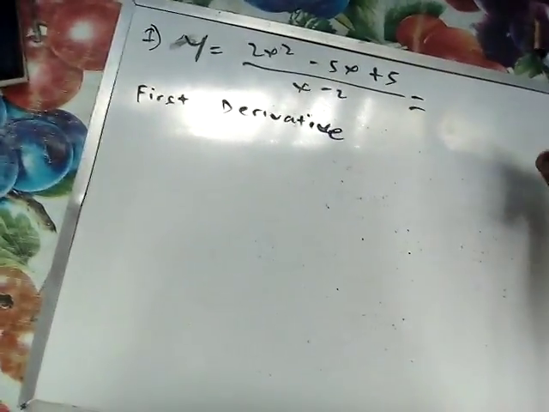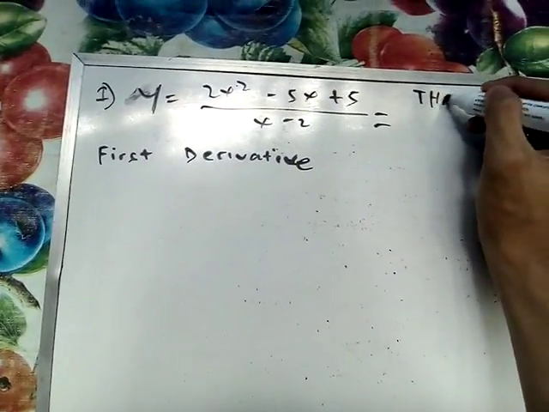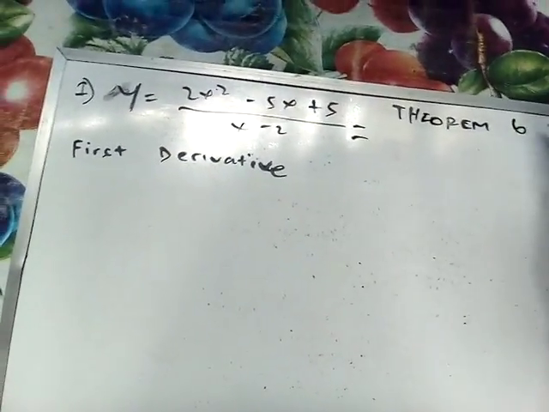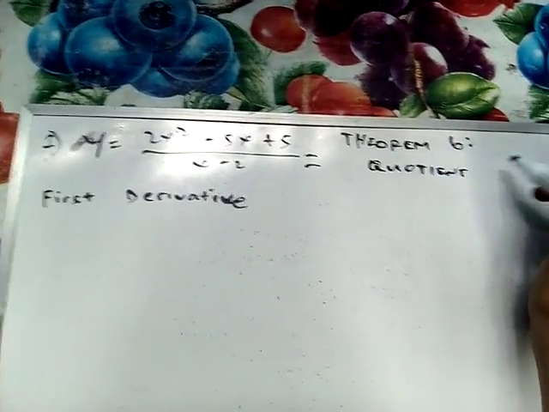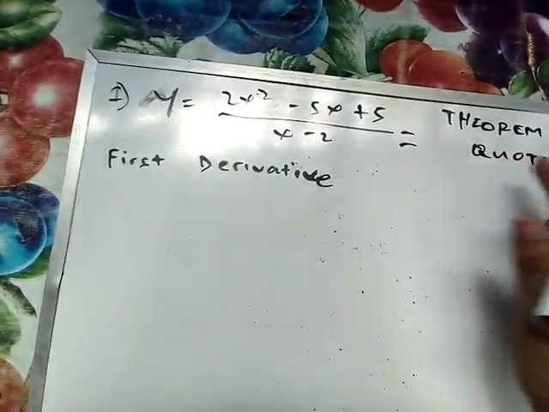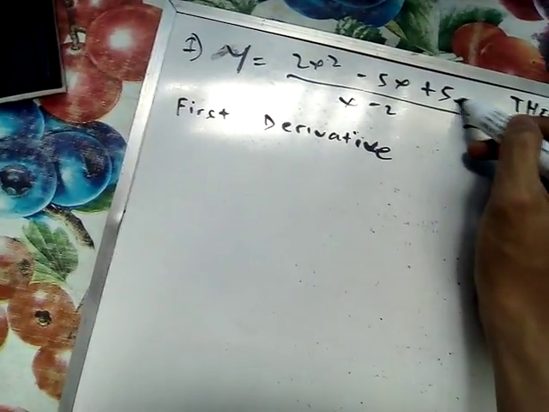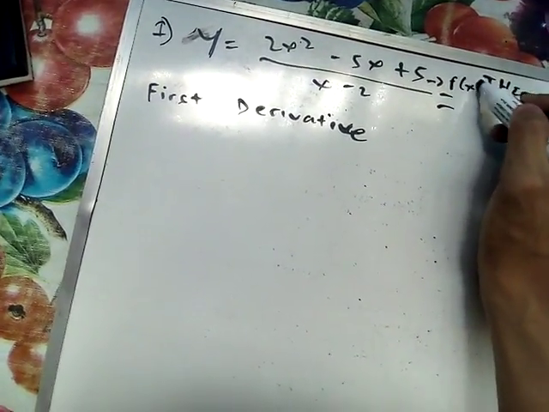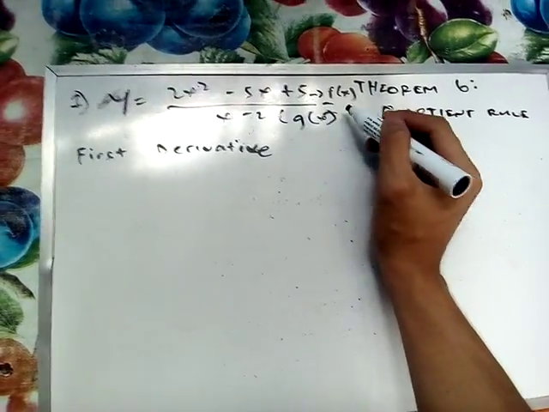My guess is this is theorem number 6, the quotient rule, where the equation in the numerator is the f of x and this is the g of x.